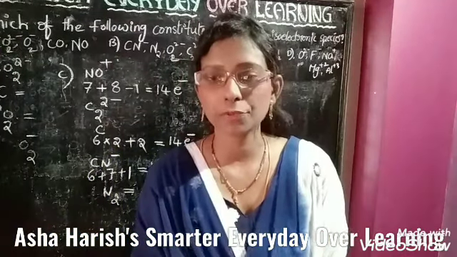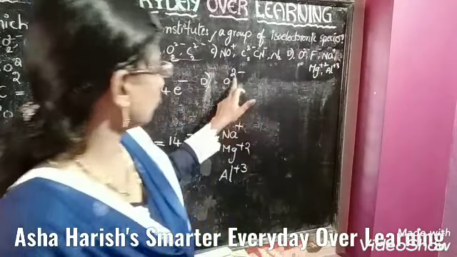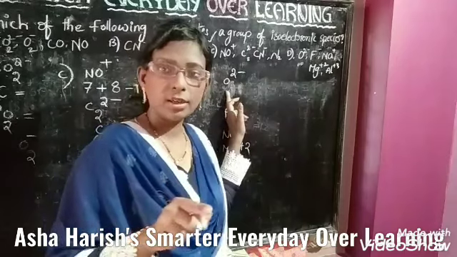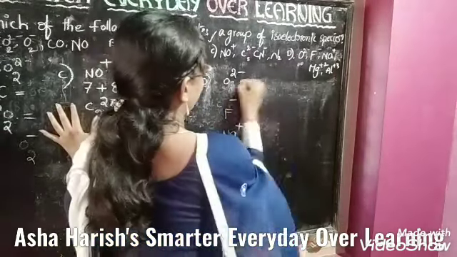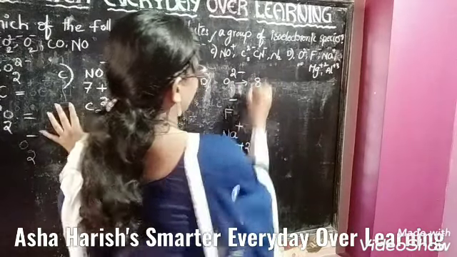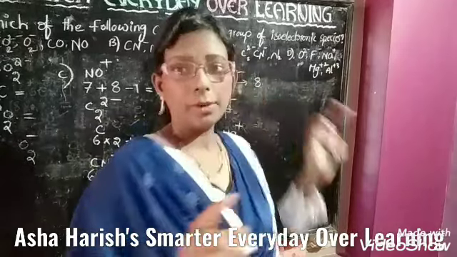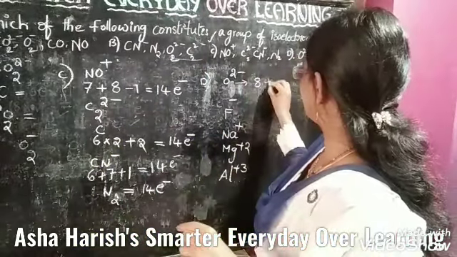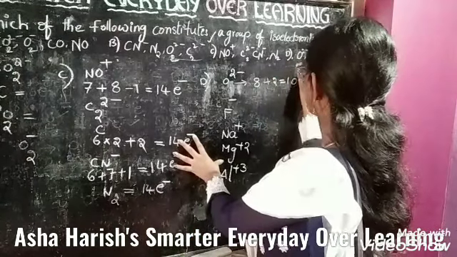If we do the calculation for option D, it will be like this. O, that is oxygen, atomic number 8, so electrons also 8. Here 2 minus is there, that is nothing but an anion, so we have to add 2 electrons to this, plus 2. Plus 2 means how much students? 10 electrons.